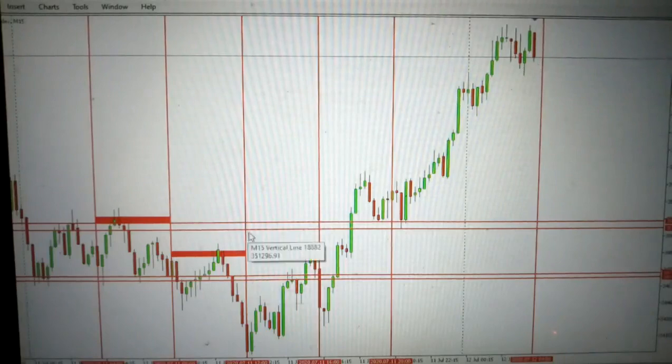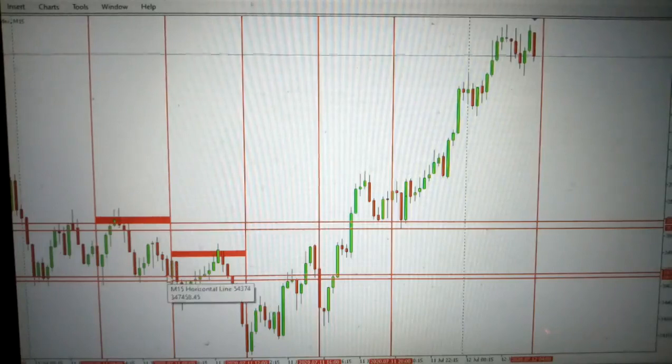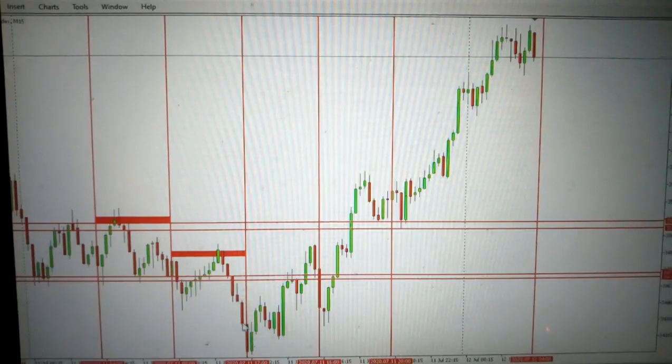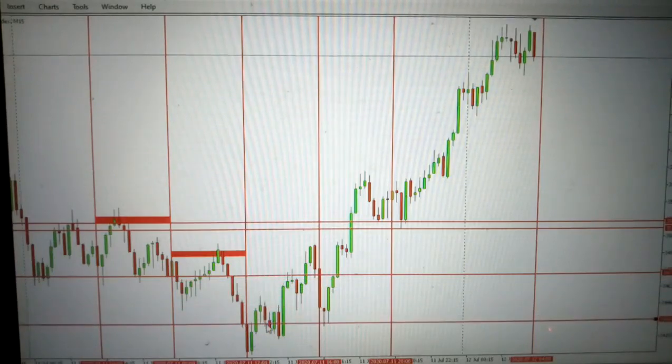So to plot the support or resistance for this 4-hour period, I'll come here. I have marked this point as my closing price of the previous 4-hour, and the closing price of this current 4-hour is around here. So I also place a horizontal line there.